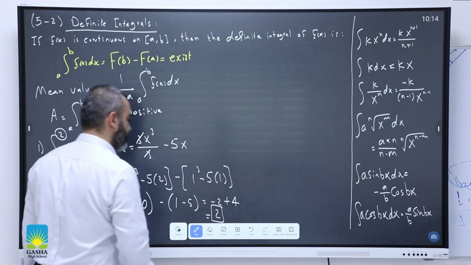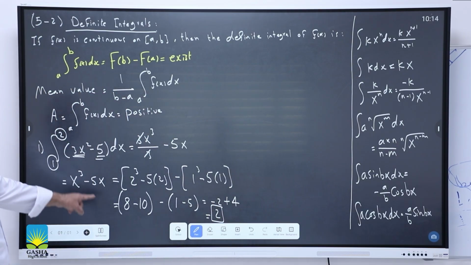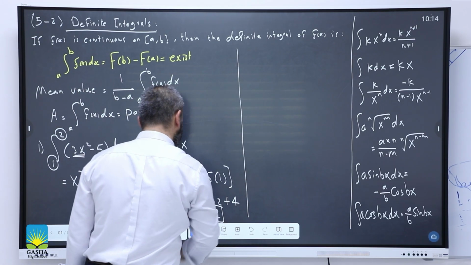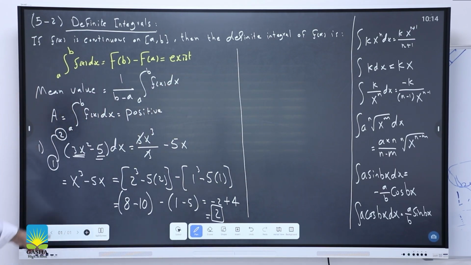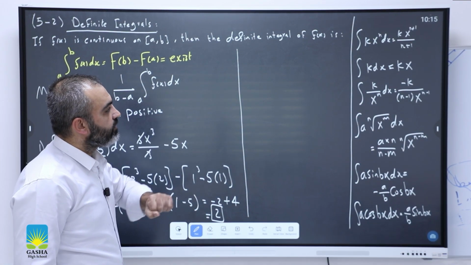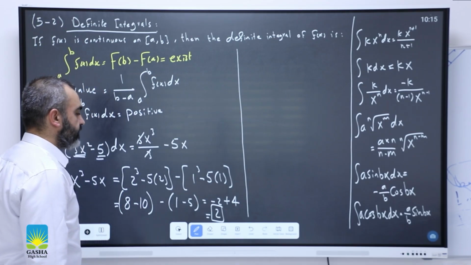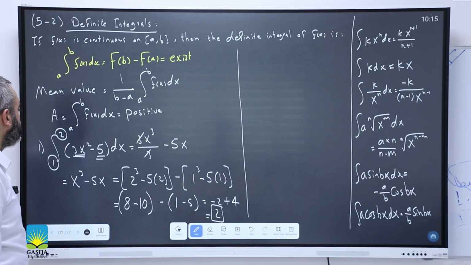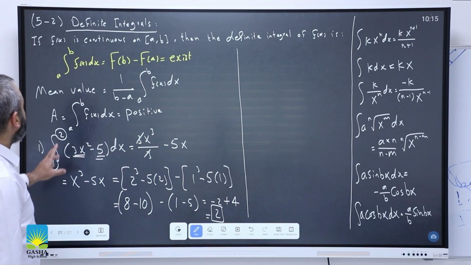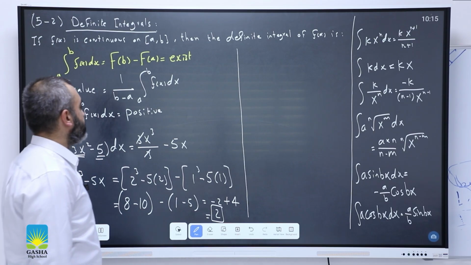So this is the number, the result of the definite integral, right? The result of a definite integral is always a number. But the result of an indefinite integral is always a function, right? That is the difference between definite and indefinite.